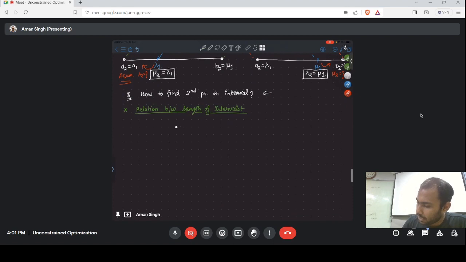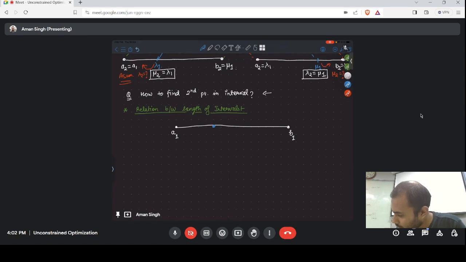Okay, once again the same diagram. Let's say this is A1, B1, and these are lambda 1 and mu 1.